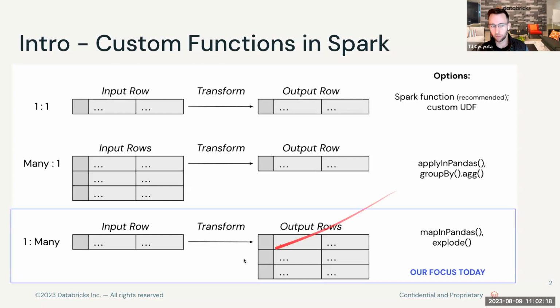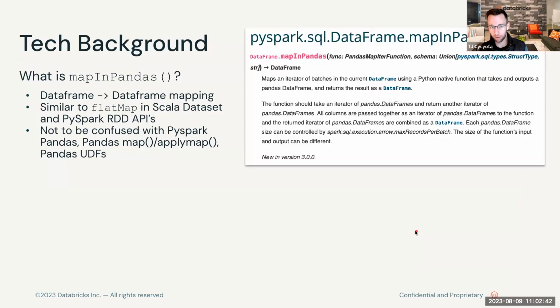But our focus today will be on this last step, which is how to essentially explode one input row into many output rows. There is a Spark function for this called explode, which will handle this. But there are a lot of times where this doesn't quite cover it, or it's not the most performant way to do it. So we're going to explore this other approach called MapInPandas. To give some background, MapInPandas is a function introduced in Spark 3 that does a data frame to data frame mapping.